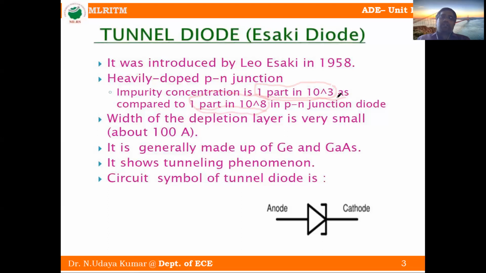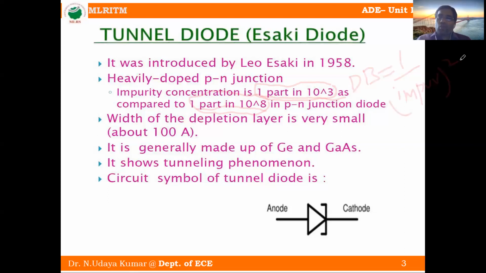Because of heavy doping, the width of the depletion layer is very small. Why is it very small? We know the function: depletion layer, depletion region, or depletion barrier width is equal to 1 by impurity square.